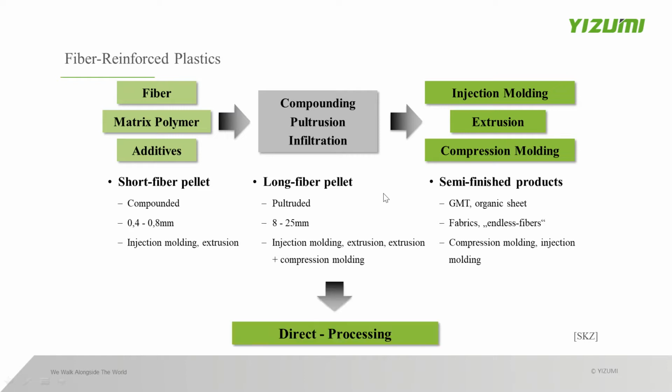For Izumi, for Direct Pro, what a direct process means is we skip this process. We don't need compounding. We just have three components of plastic and we go to the injection molding. This is the real meaning of Direct Pro.